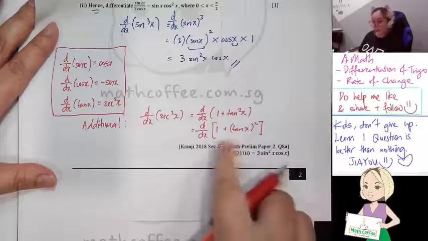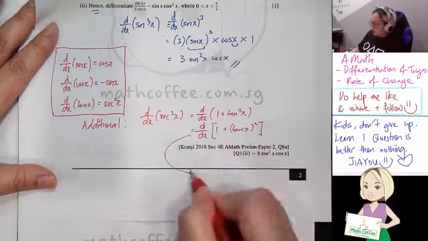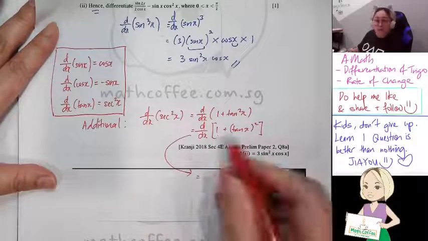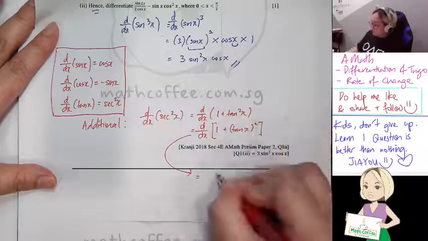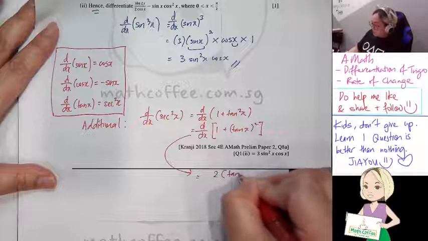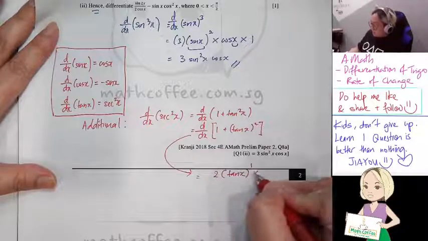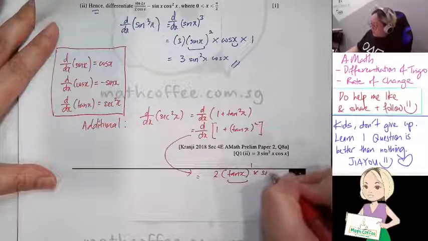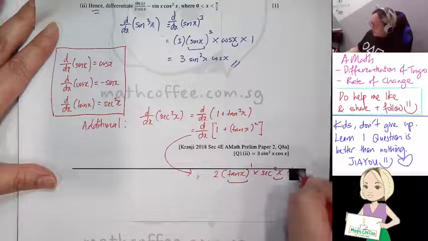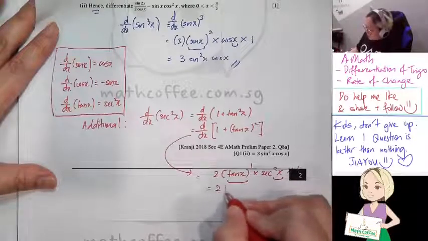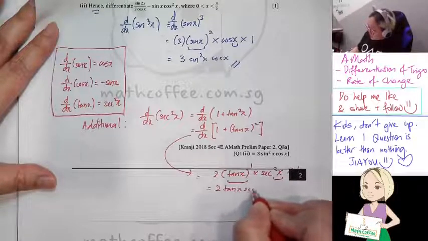I can do it in this way. Okay, let me continue here. So it will look like differentiate 1 is 0, no more. This one, apply the chain rule, bring down the power. So it's 2 tangent x to the power 1 multiply by differentiate inside, which is secant square x. Okay, and this one is 1, so it's times 1. So in the end, I get 2 tangent x secant square x.